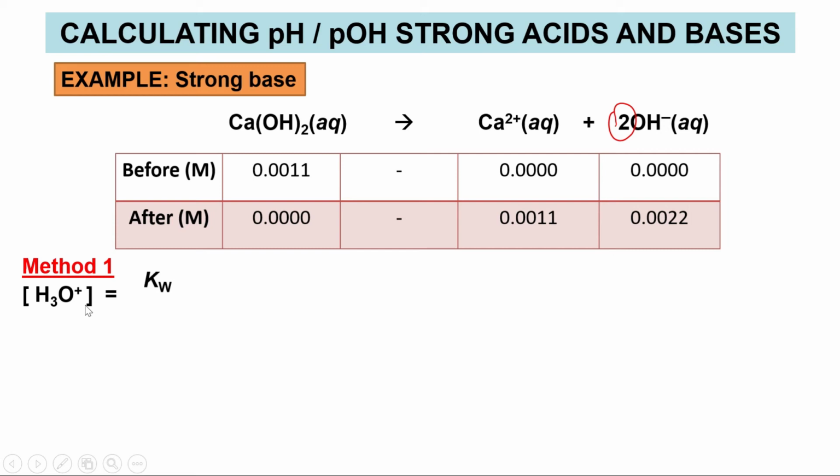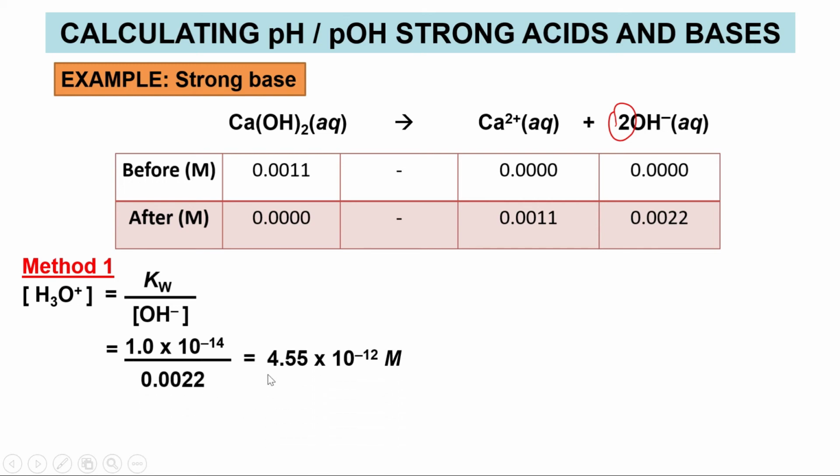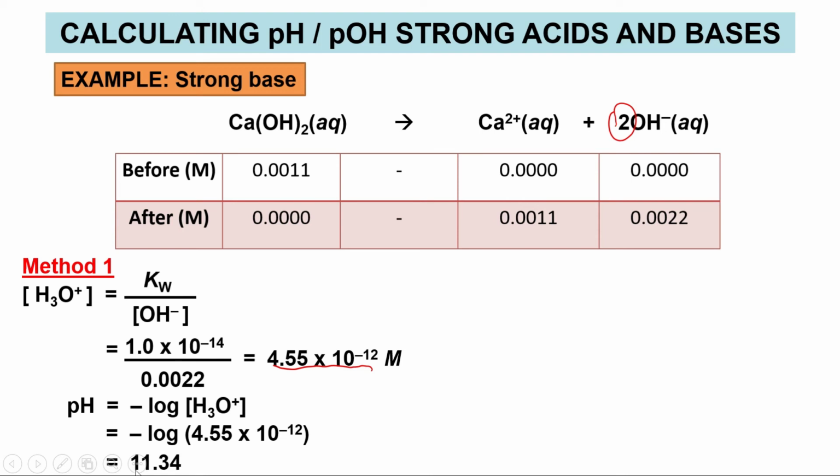Therefore, the concentration of hydronium ion equals Kw over the concentration of hydroxide ion. Kw is a constant value, so just substitute the value of Kw and the concentration of hydroxide ion, giving the concentration of hydronium ion. Then we can calculate the pH value: pH equals negative log of the concentration of hydronium ion. Substitute the hydronium ion value we got earlier, and it brings us to the value of 11.34.